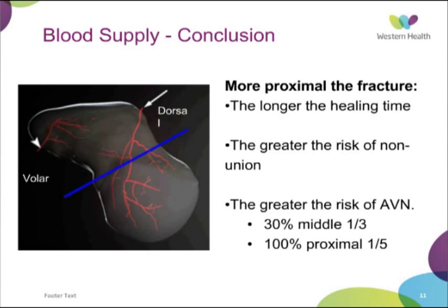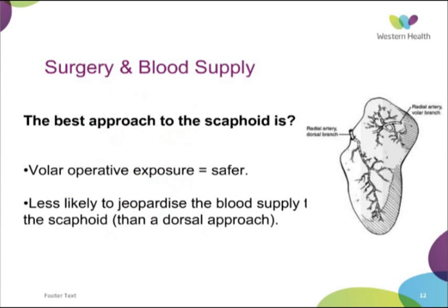And the diagram clearly displays why. Again, the blood supply will also dictate to some point what approach we take for surgery. The volar approach is regarded as safer because we're staying away from the dorsal artery that supplies most of the scaphoid.